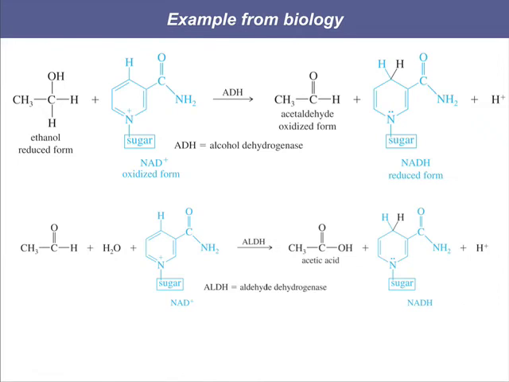I want to show you a fun example from biology involving oxidation. Your body has an enzyme called alcohol dehydrogenase, or ADH. The role of alcohol dehydrogenase is basically to convert ethanol into acetaldehyde. You can see that we are oxidizing a primary alcohol, ethanol, a 2-carbon alcohol, into an aldehyde.